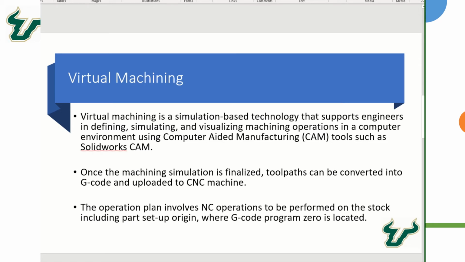Also included is choosing the cutting tools, and defining the machine parameters, such as how much the feed rate should be, what the depth of cut should be, and all that. You can also note that the operation plans can be automatically generated by the technology database of the SolidWorks CAM. So that's basically, in short, what the virtual machining environment is all about.